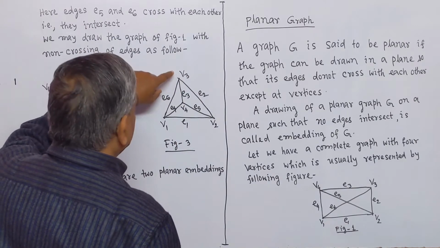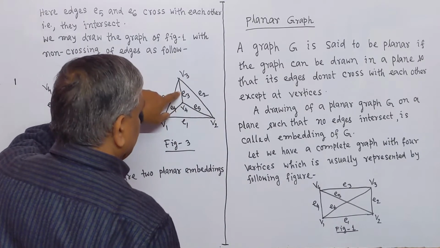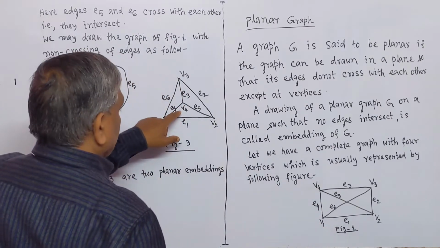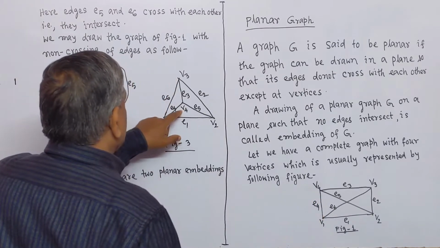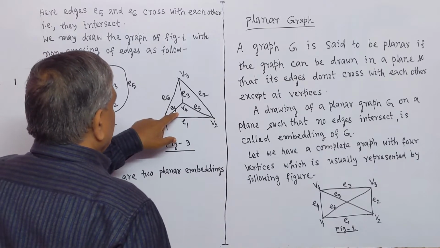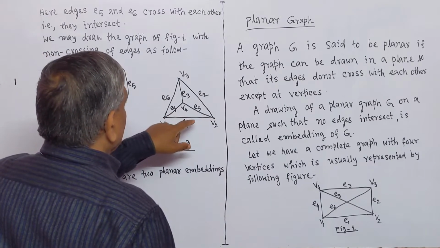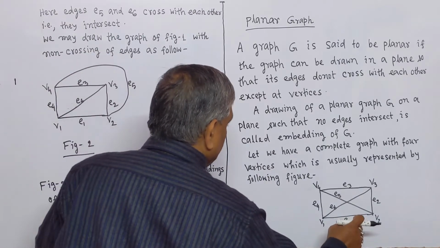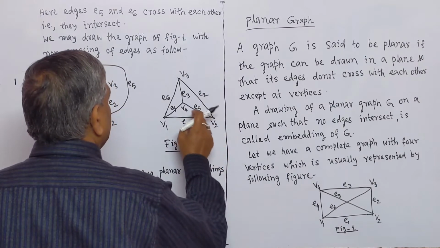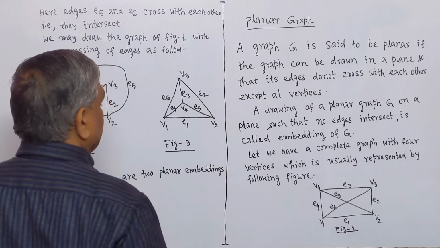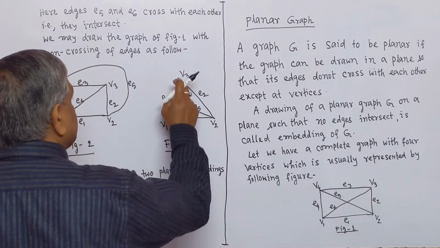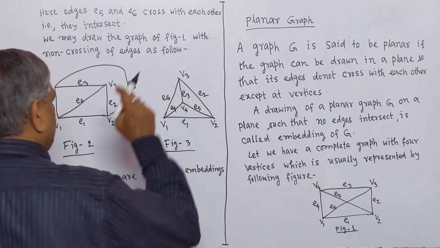The edge connecting V4 and V1 is E4. The edge connecting V2 and V4 is E5. The edge connecting V1 and V3 is E6, in both figures.